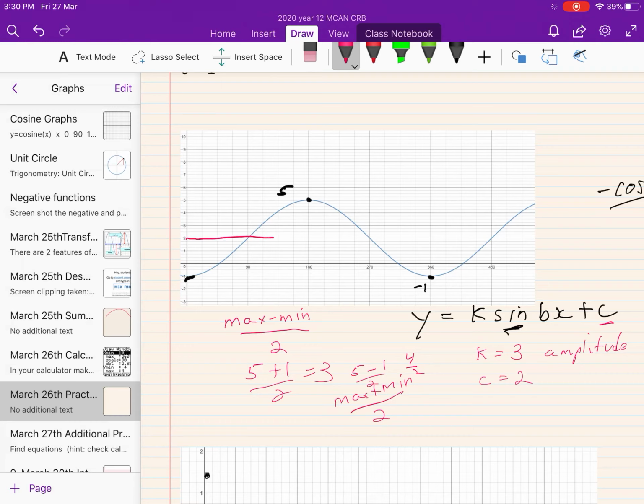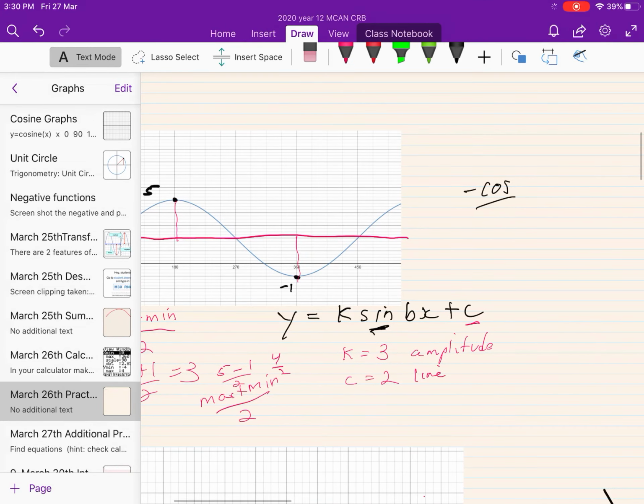So I could actually just draw my line of symmetry across here because that can be helpful. And that confirms basically what we found, 1, 2, 3. There's my amplitude there, which is 3. That's cool. That works. So that's my C, which is my line of symmetry.